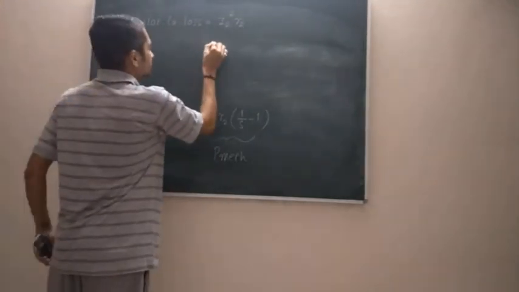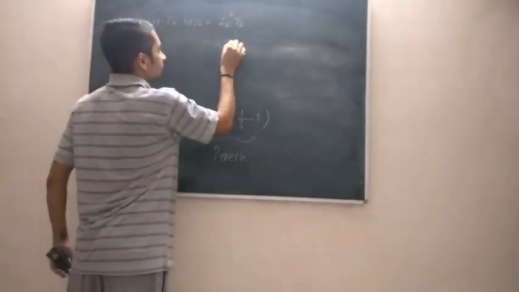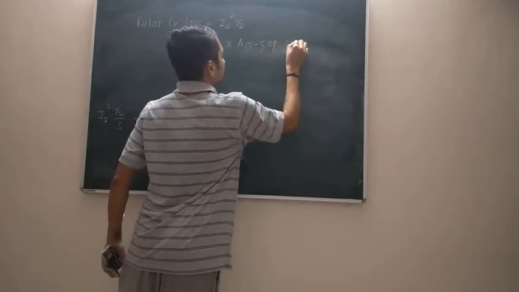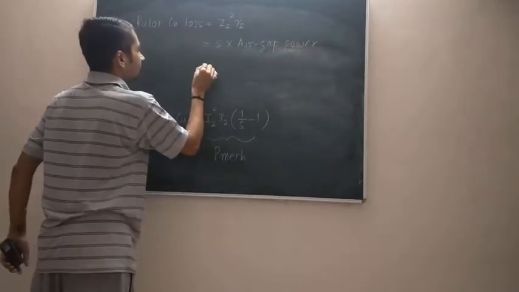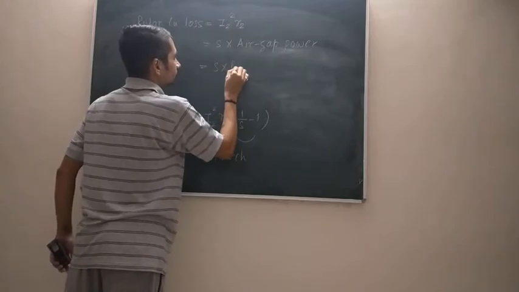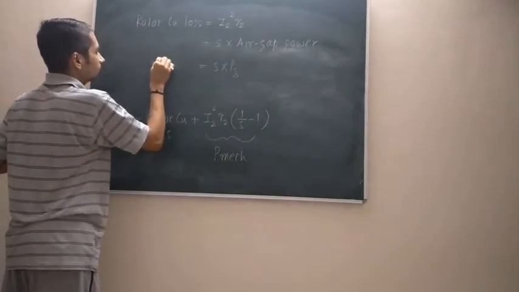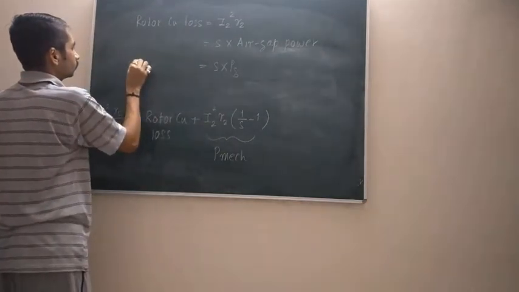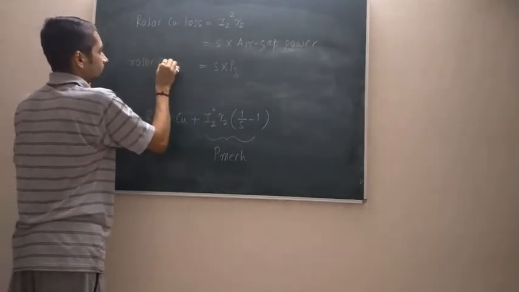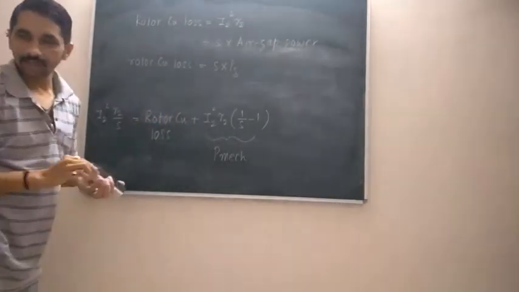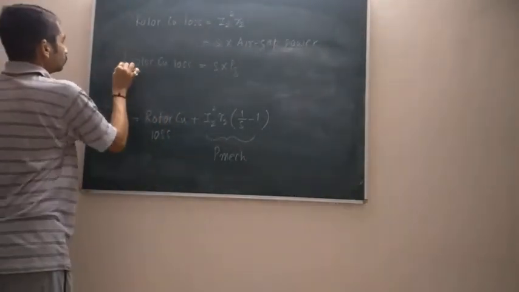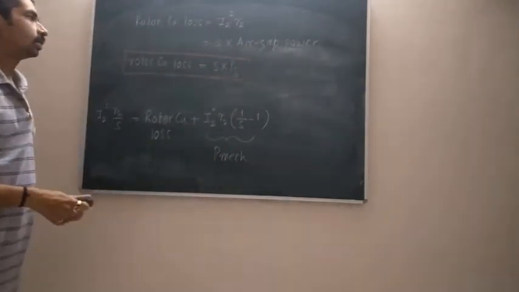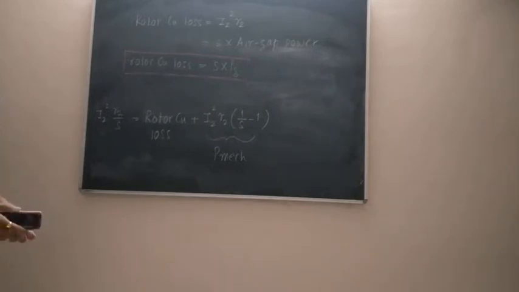So I can write down this expression as rotor copper loss is equal to slip times the air gap power, or simply S into PG. This is an important equation that you have to always remember.